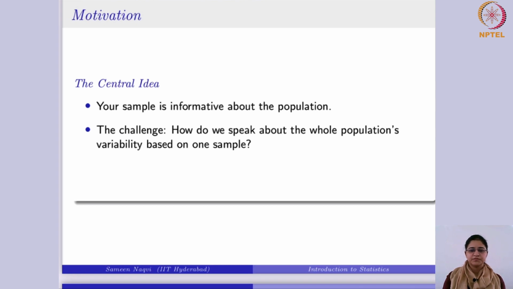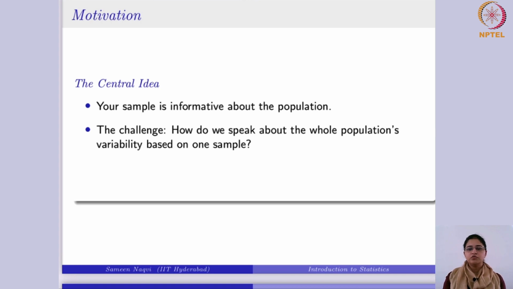Now the problem is that how can we speak about the whole population's variability based on just one sample? Because when we want to generalize our estimate, the challenge is that how do we generalize about the whole population's variability based on just one sample?